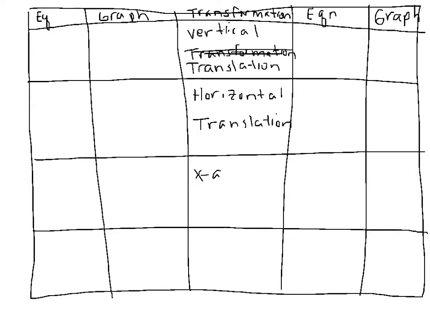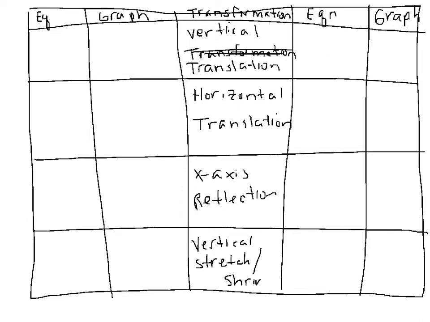X-axis reflection. And a vertical stretch or shrink. Okay, so for right now we're just going to deal with the square root function, and then tomorrow in class we're going to look at the cube root function.